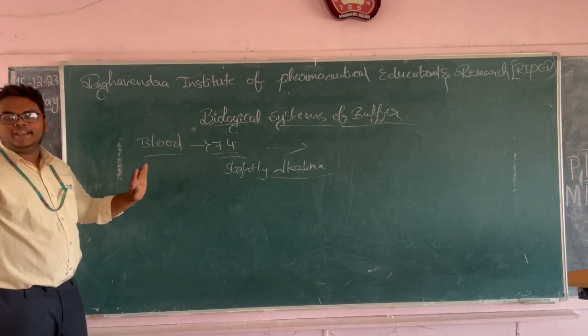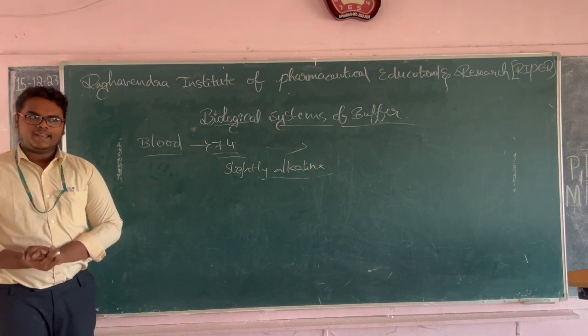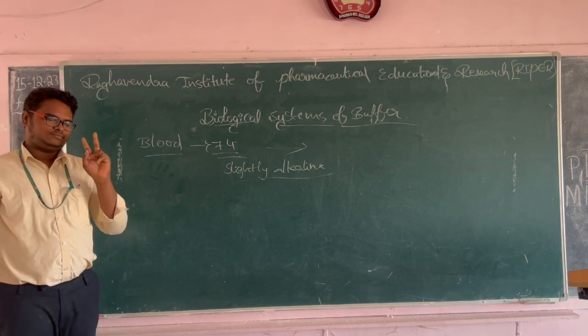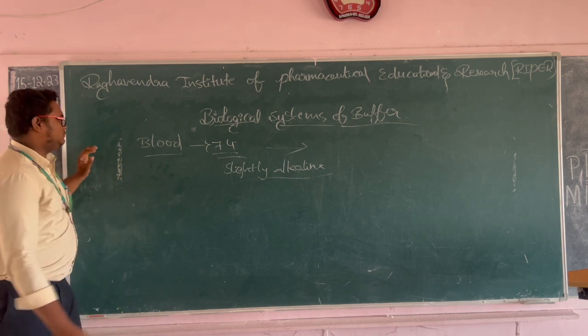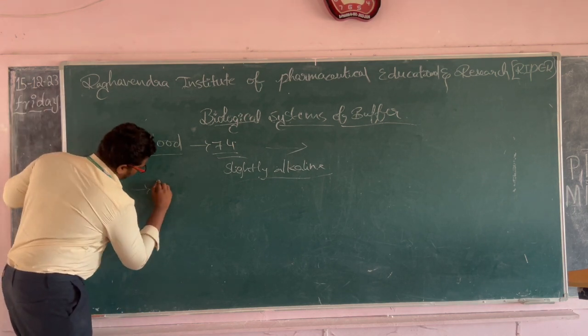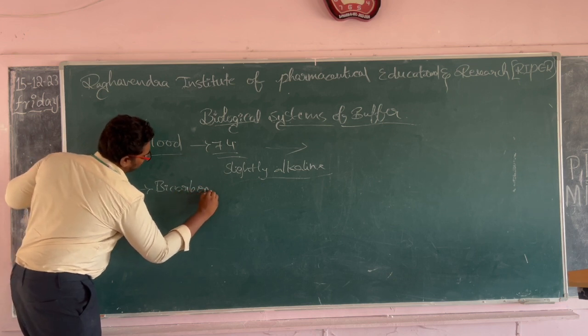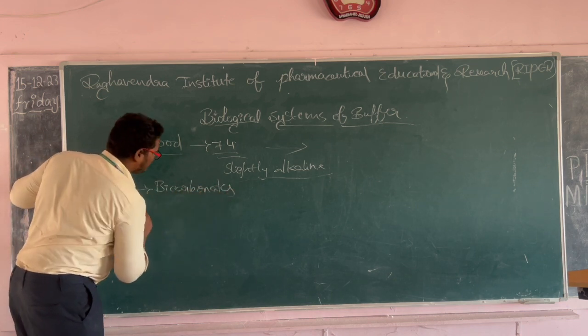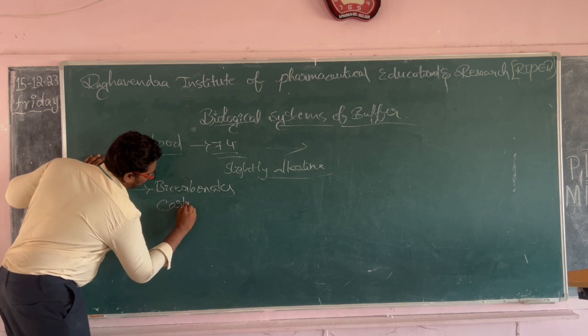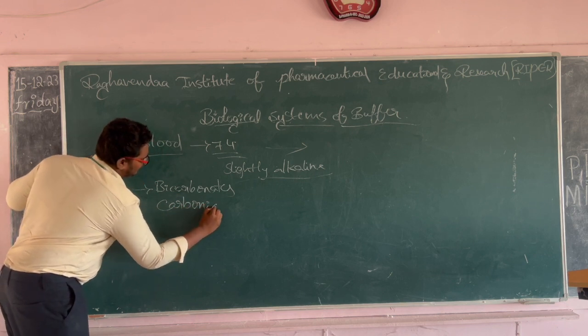The human body maintains blood pH with two properties. Blood has bicarbonates and carbonic acid, which maintain this.